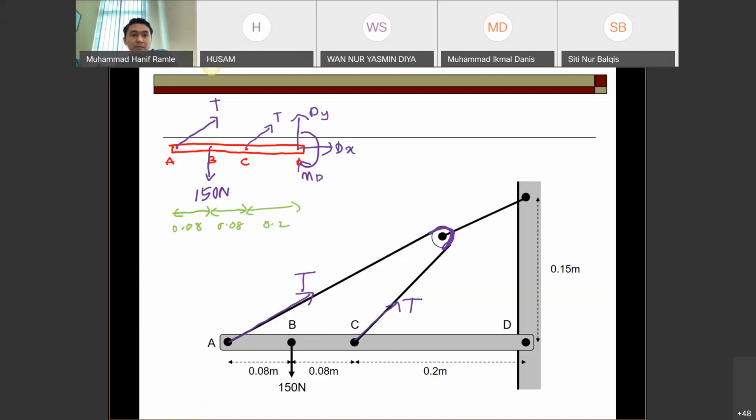What is the other element, parameter, or thing that we have to put in the FBD to make the calculation easier later? The last piece of information that you should put in the FBD, what is that?